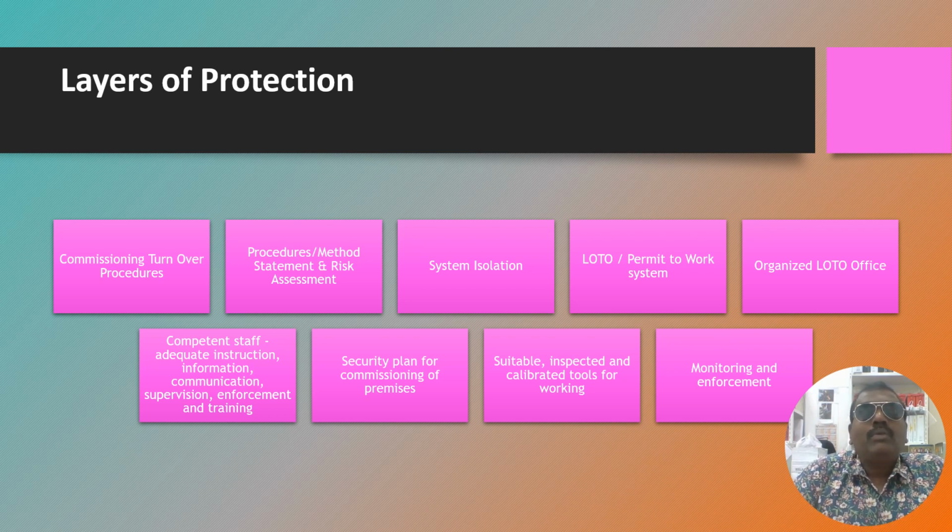So assume here this black color, which is written layers of protection, is a bus bar, an electrical bus bar. Downside you are viewing some purple colored boxes. In each box you can assume it is a single breaker, that means 13.8 kV breaker, or 480, or 220, or 6.6, whatever it may be.